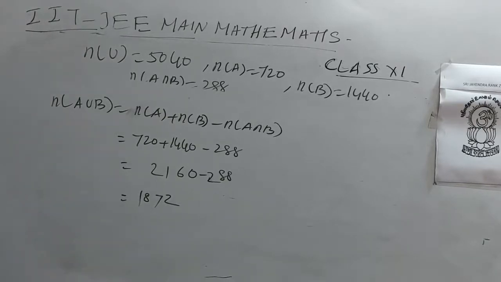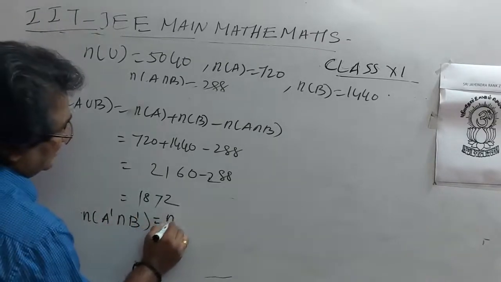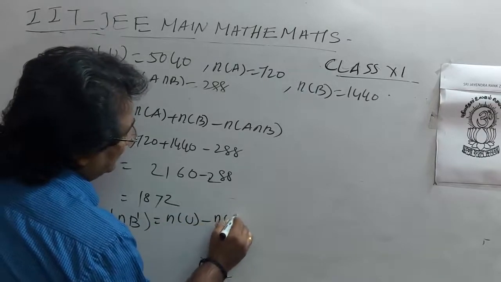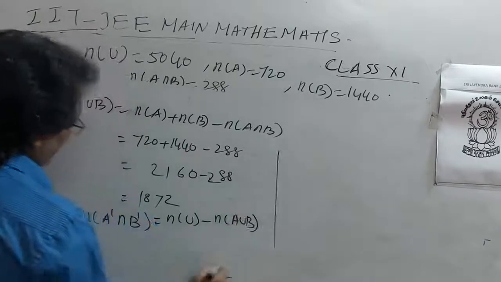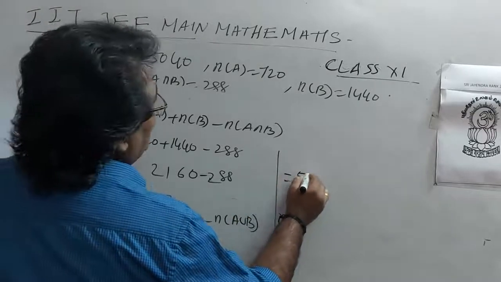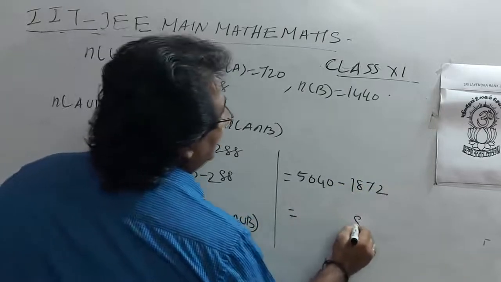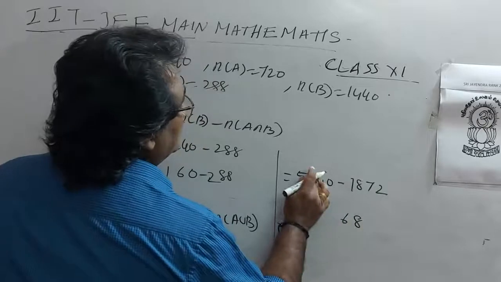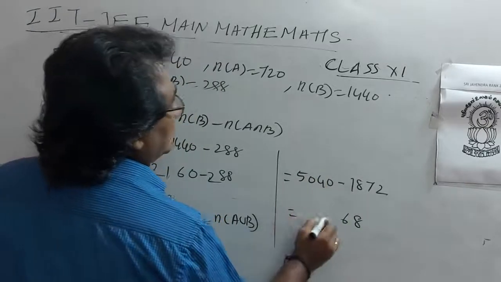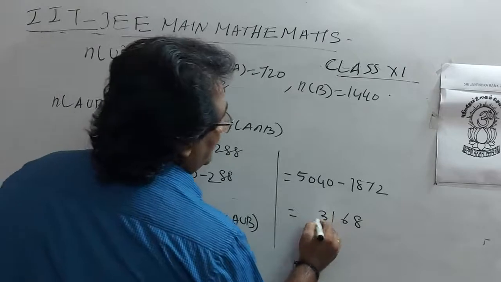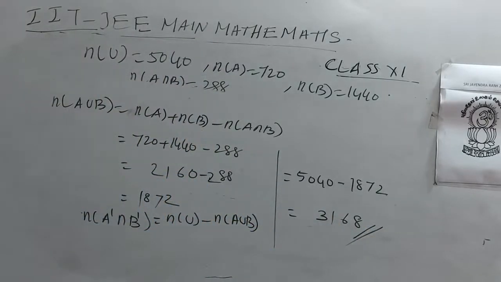We need n of A dash intersection B dash, that is n of U minus n of A union B, 5040 minus 1872, so 3168.